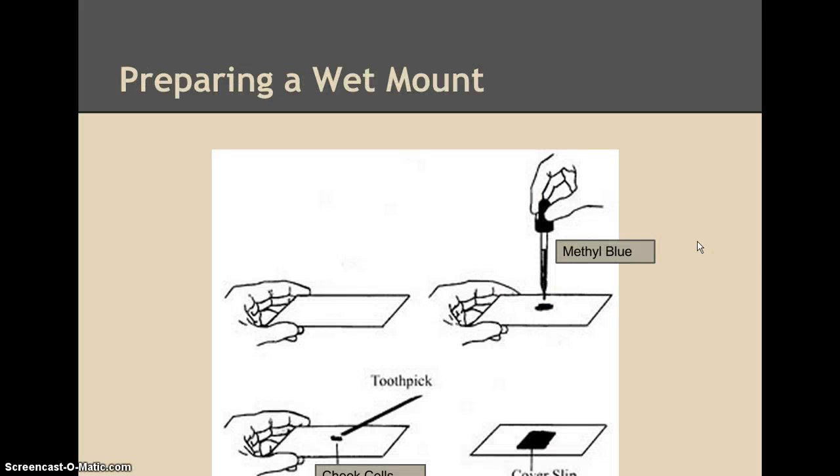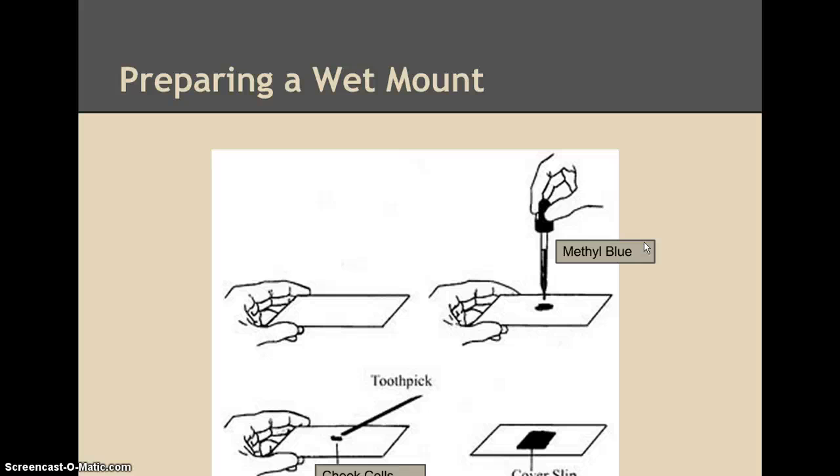So next we had to prepare a wet mount to observe cheek cells. When you prepare a wet mount, first you have, of course, your slide. Next we put a drop of methyl blue, which is a very strong dye. Then I used a toothpick to scrape the inside of my cheek so we could get cheek cells.